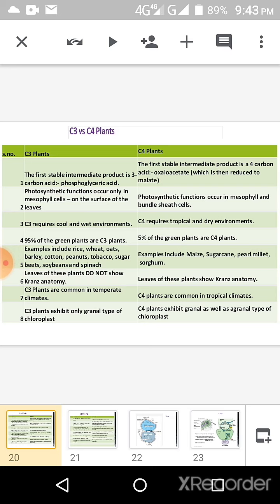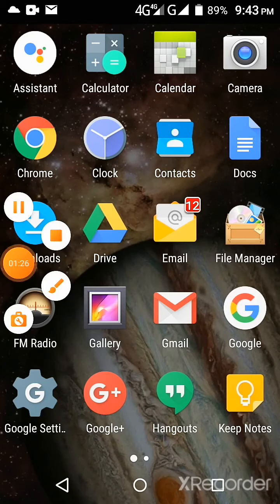C3 plants are common in temperate climates, C4 plants are common in tropical climates. C3 plants exhibit only granule type of chloroplasts, whereas a C4 plant exhibits both granule as well as agranule type of chloroplasts. Agranule chloroplasts are present in the bundle sheath cells.